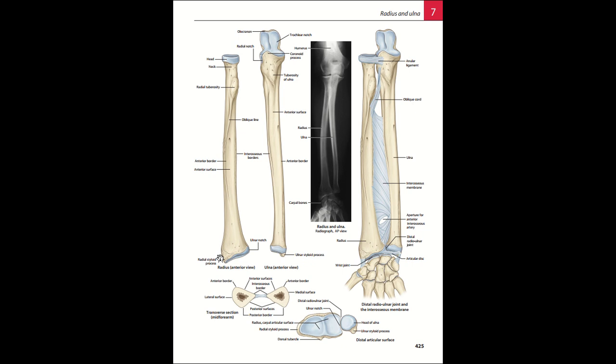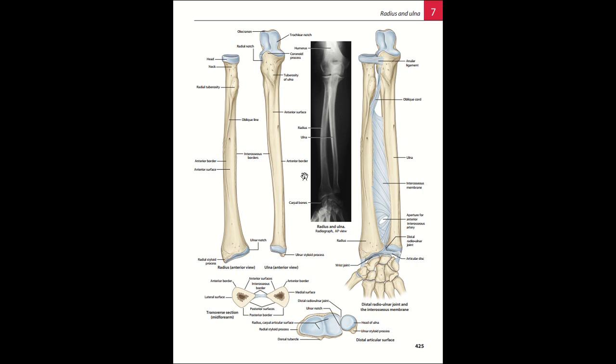You understand? And then medially on the distal portion of the radius, you're going to have an ulnar notch that accommodates the head of the ulna. Right. So that's everything when it comes to the osteology of the radius.